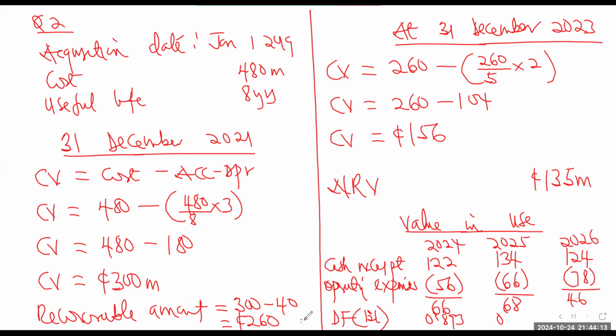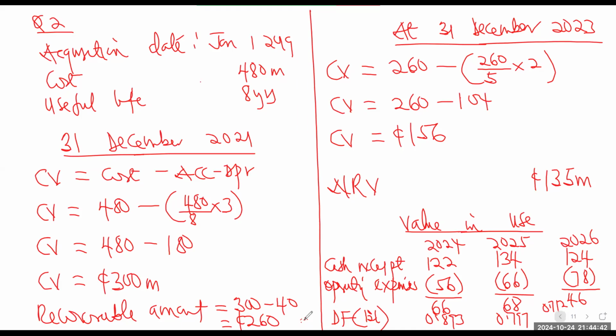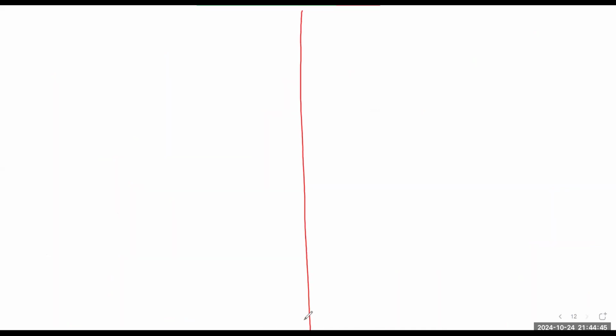0.797. Then 0.712. Okay, so what are the discounted cash flows? The 2024 is 66 multiplied by 0.893. What are we having? 58.9.